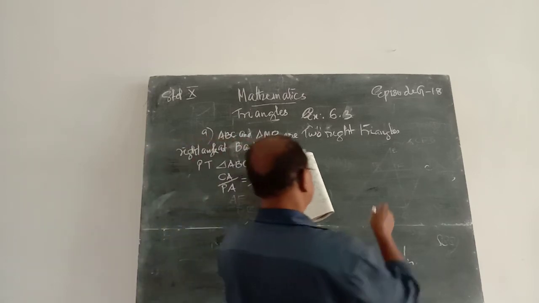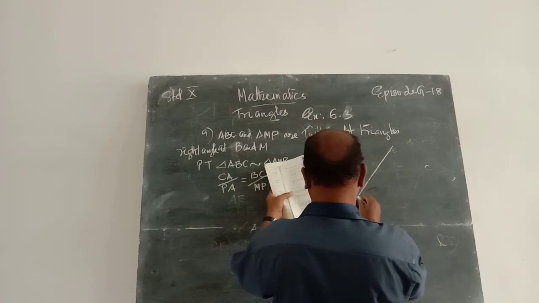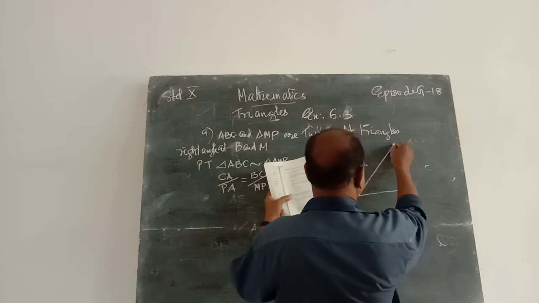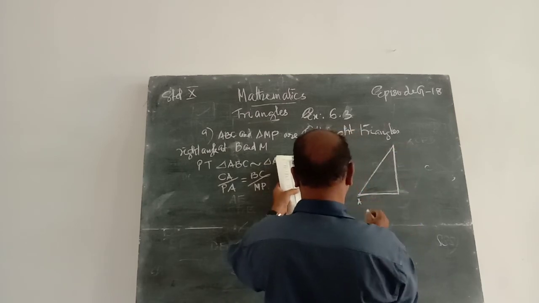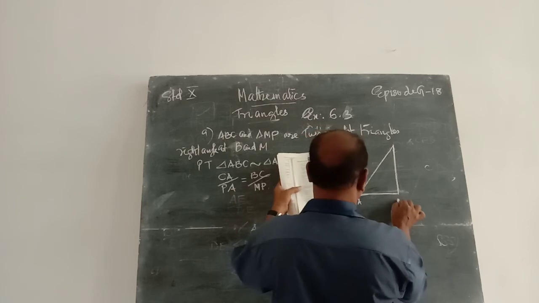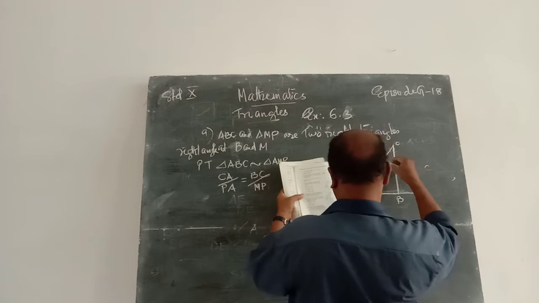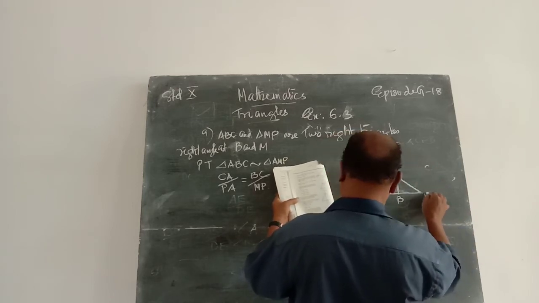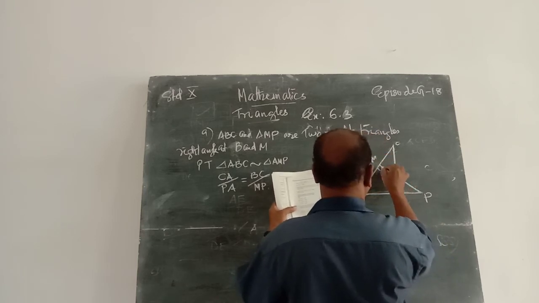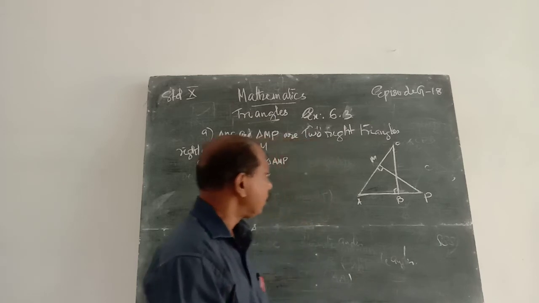The figure is A, B, C. There are two triangles.